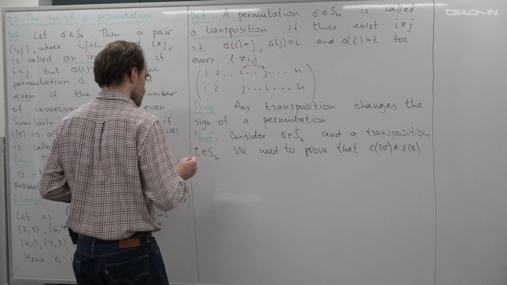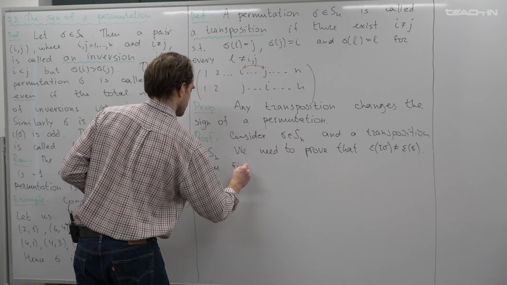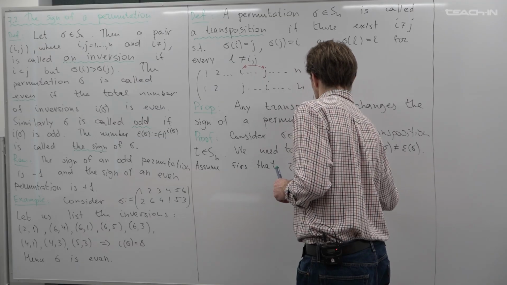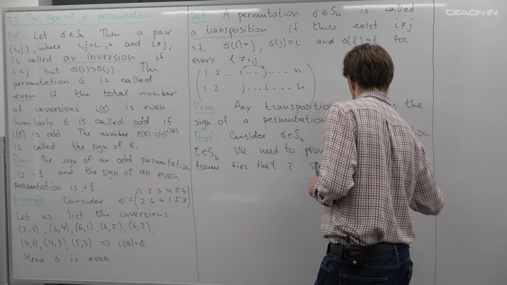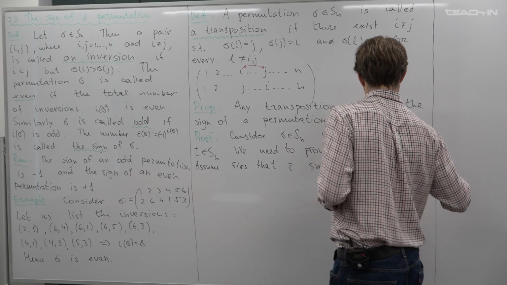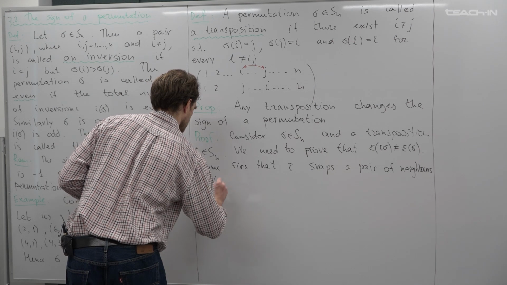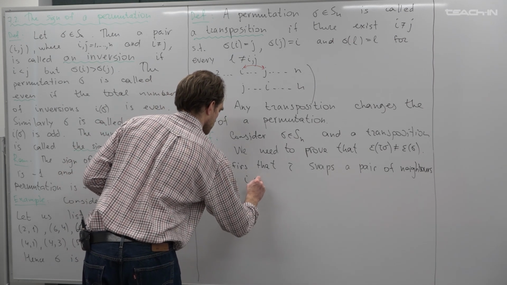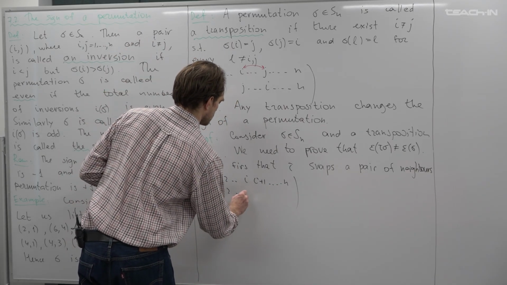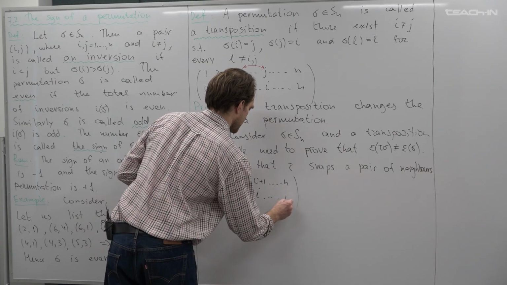Okay, so assume first that tau swaps a pair of neighboring elements. So tau has the form 1, 2, etc., i plus 1, n mapped to 1, 2, i plus 1, i, etc., n.